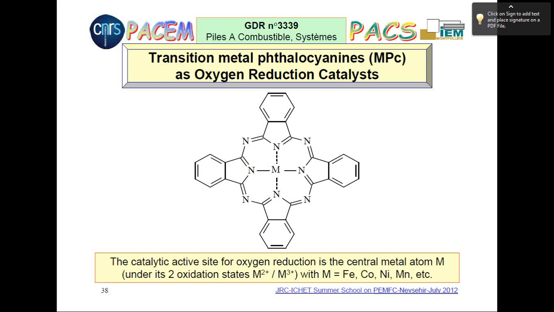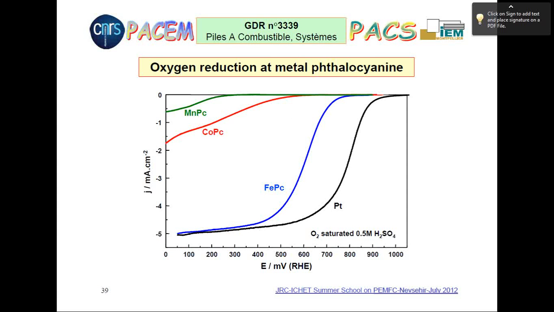So it's biomimetic. People tried this also as catalyst, but the results are not so good. You call it organometallic. Yes, organometallics. If you compare platinum and iron ferrocyanide, which is an organic macrocycle compound, you have the complete reduction to water, but you have the shift in the bad direction. So you have overvoltage. So it's not so good.